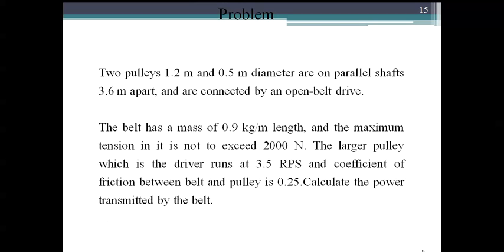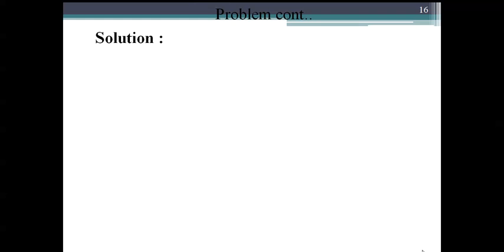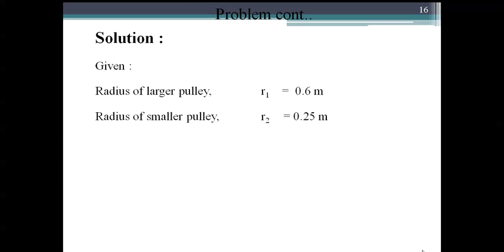Here we need to find the power transmitted by the belt. The mass of the belt is given, so first we need to find the velocity. If the velocity is more than 10 meter per second, we need to consider the Tc. First, the radius of the larger pulley R1 is 0.6 meter and the radius of the smaller pulley R2 is 0.25 meters.